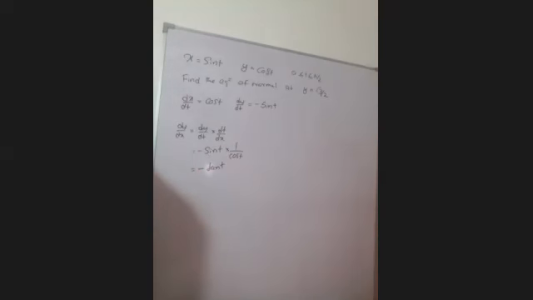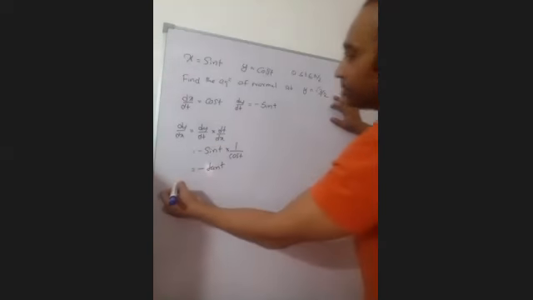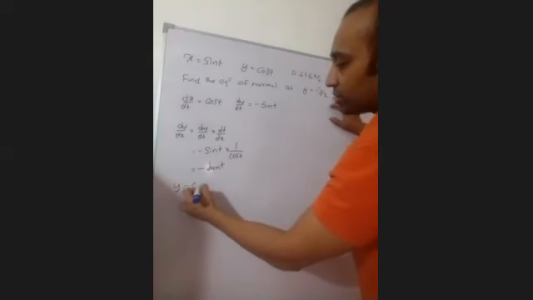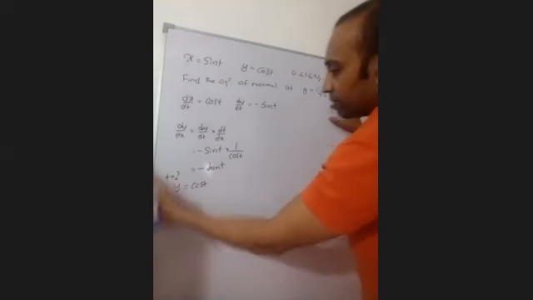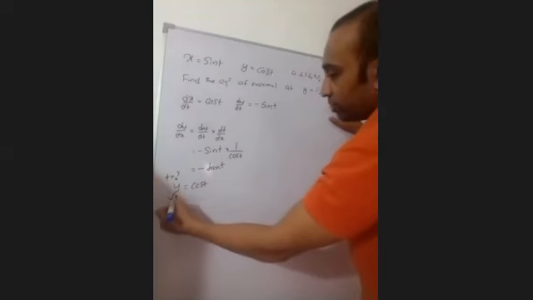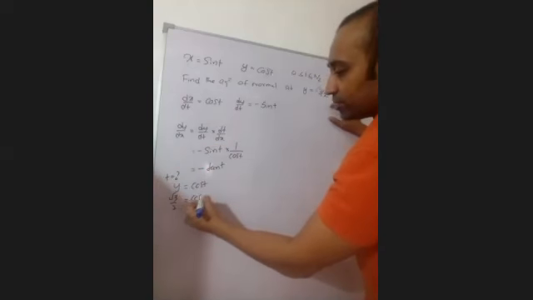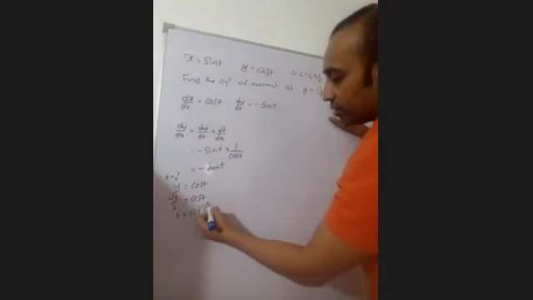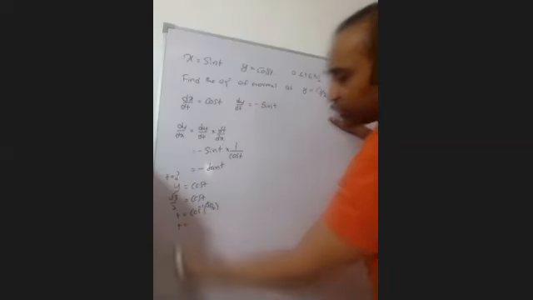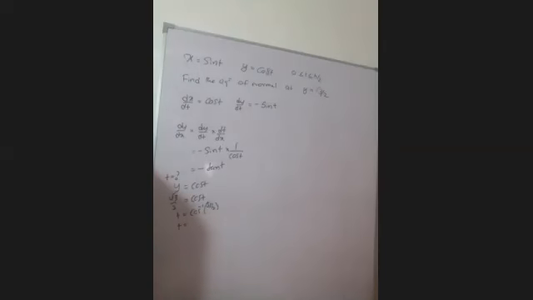Right. Then we need to find the gradient. The gradient is in terms of t, so we need to find the t value. We can use y equals cos t, so root 3 over 2 equals cos t. Therefore, t equals cos inverse of root 3 over 2, which is pi by 6.